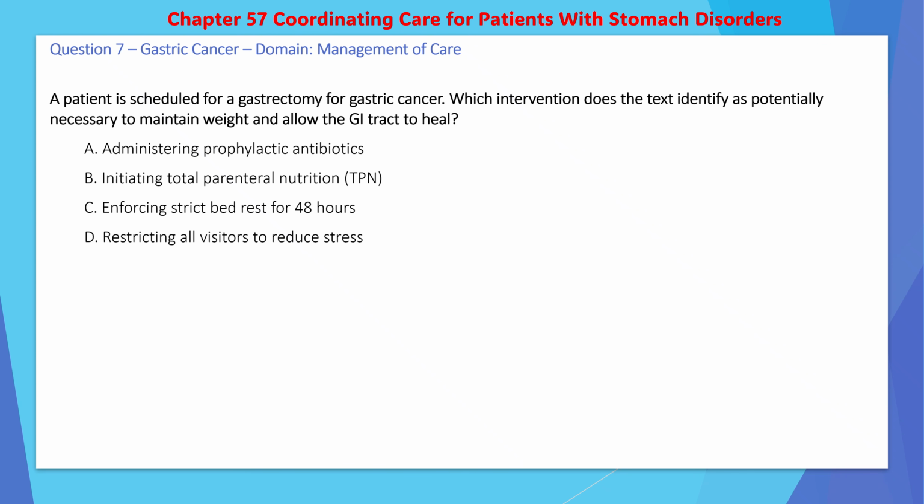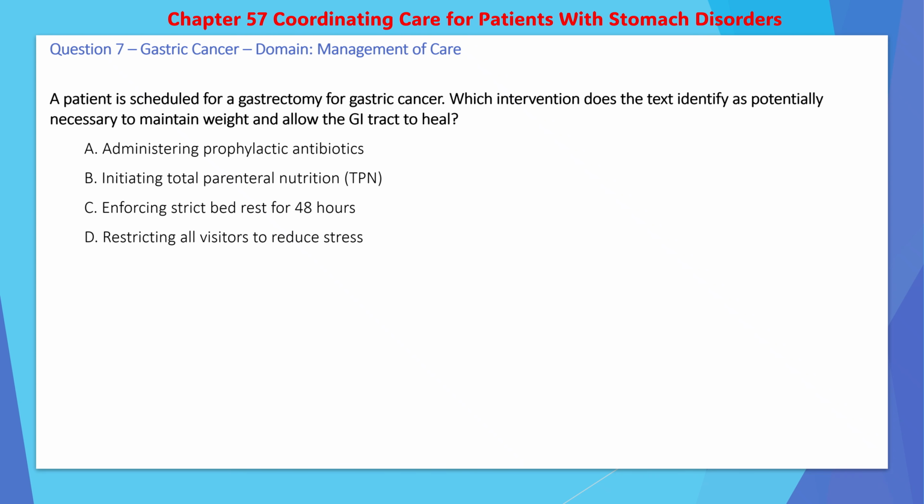This question is based on the text, but for the NCLEX, for this kind of patient with stomach disorders, the wording is a little different. The idea is the same. So what is necessary to maintain weight and allow the GI tract to heal?